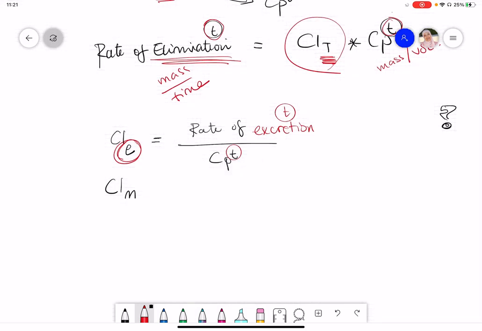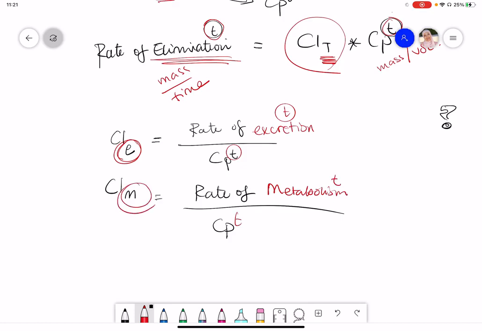If we want to determine the metabolic clearance, this would be rate of metabolism at certain time, because this is metabolism clearance. So just make sure that you are using the right term or the right rate to determine the right clearance.